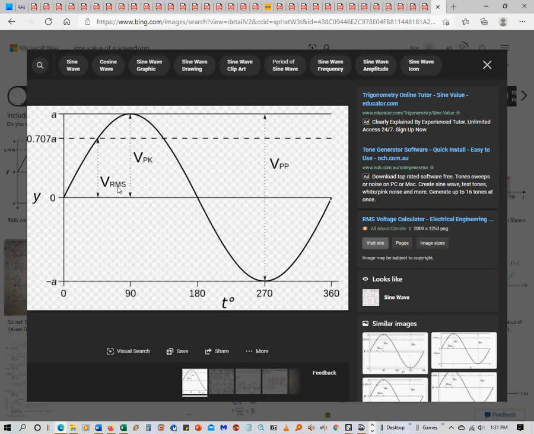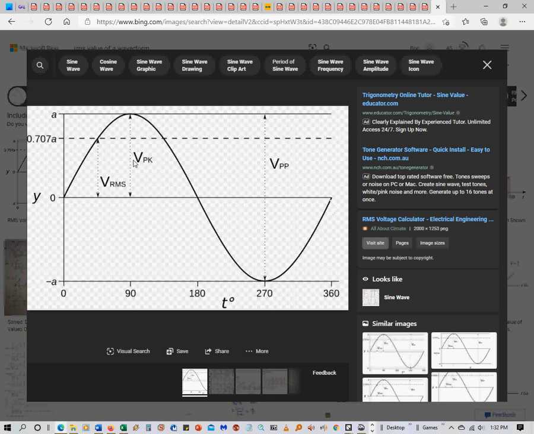Then you take the mean, the average of all those values, and then you take the square root of that number, and what you end up with is the peak voltage divided by the square root of 2. This same thing goes for the current, not just the voltage. So the RMS value is V sub m divided by the square root of 2.